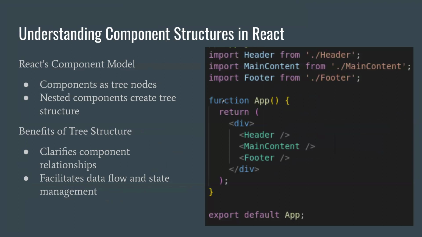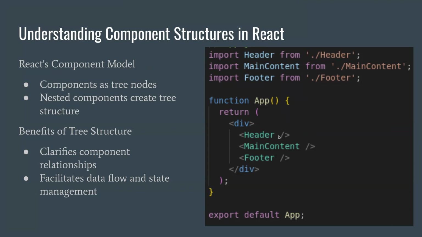So understanding component structures in React. React has a unique way of managing UIs. It models the interface as a composition of components, each potentially nesting other components, forming what we call a component tree. This structure is intuitive if you think of each component as a node in a tree, with parent components having child components as their branches.